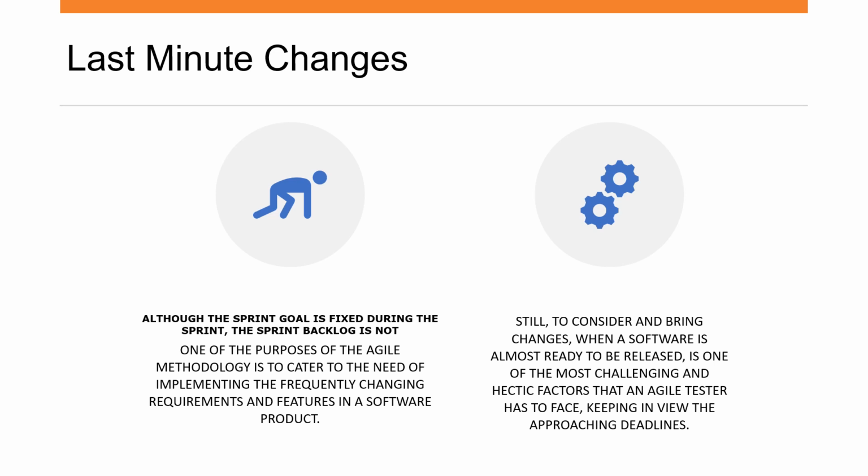Because let's suppose you get a new change at the end of the sprint, then it will impact the developers' productivity and the team's credibility as part of the work done.